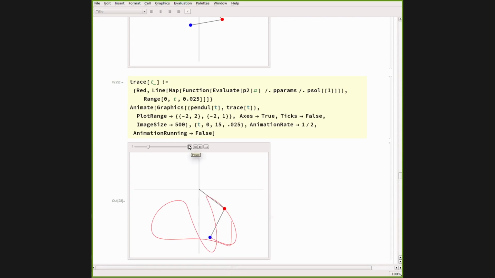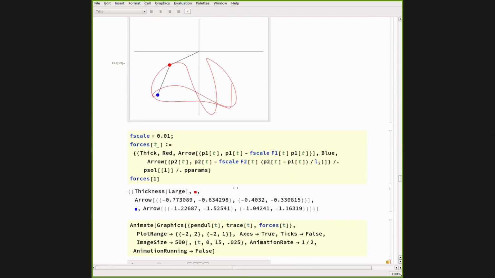Okay, so what we can add to our animation are forces, because it can be quite interesting to know how the forces act between the masses. So you have to put these forces in some scale. I have seen experimentally that dividing the forces by 100 will show them long enough, still visible and not too long.